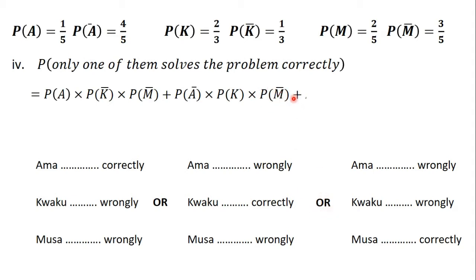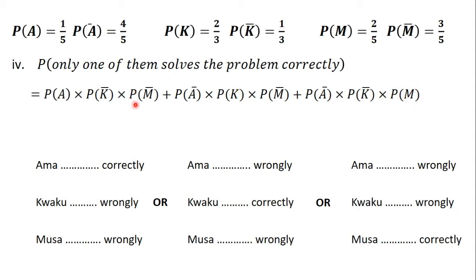Or, so we bring the addition sign. We are going to consider the last case. Amma solved the problem wrongly, which is P(A complement). And Kweku solved the problem wrongly, which is P(K complement). And Musa solved the problem correctly, which is P(M).